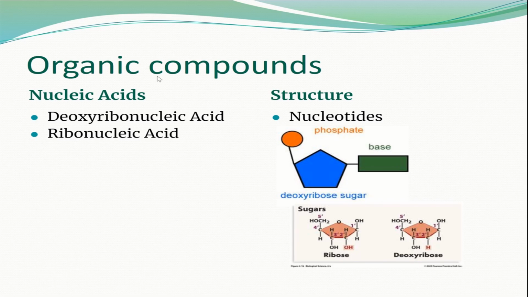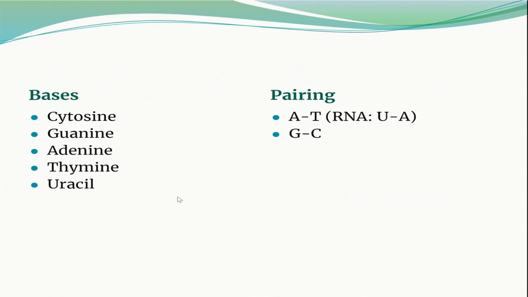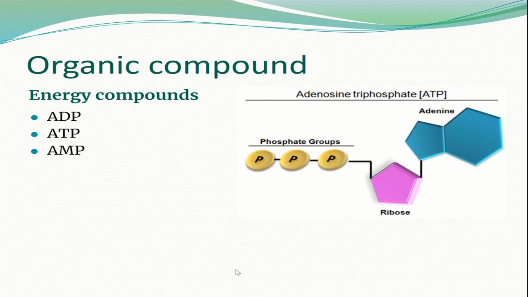So these are the things that are genetic material. Here are the bases and the base pair rules for DNA and RNA. And then in here we have ADP, ATP, and AMP.